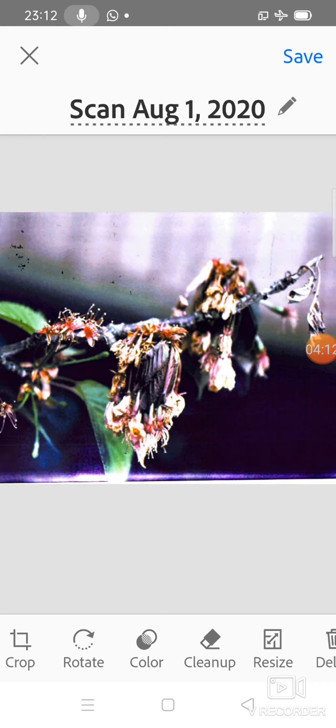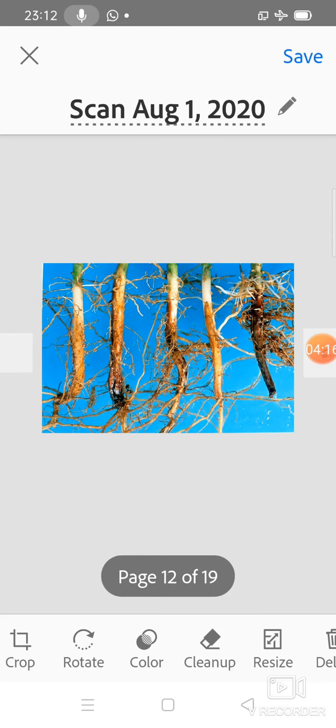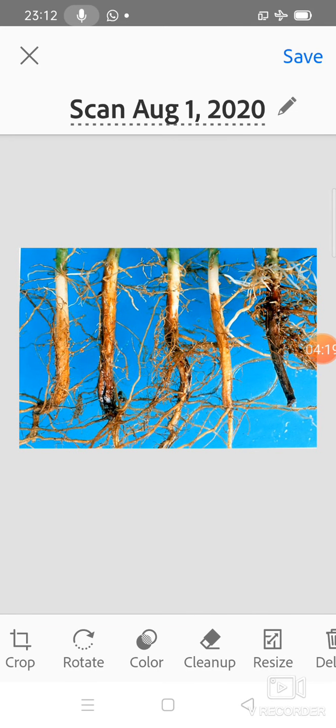Fifth symptom is root rot. Here we can see the root rot. Root rot is disintegration or decay of a part of the root or the whole root system. Here we can clearly see a part of the root decaying or the whole root decaying.